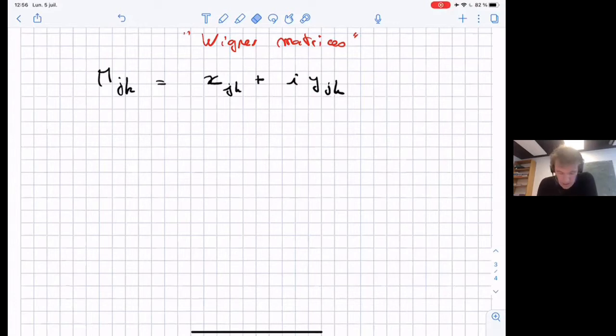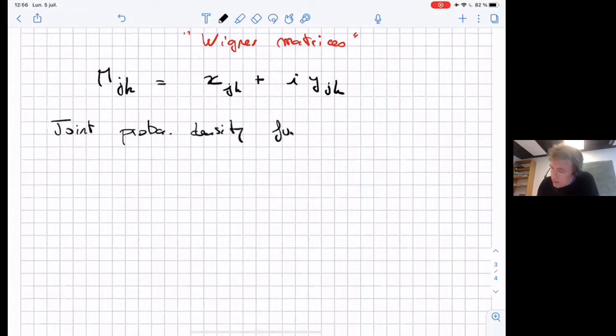Now I want to write the joint PDF of these X's and Y's. So I want to look at the joint probability density function of a given realization of M. That means I really want to define a probability measure, a probability distribution on the ensembles of matrices.